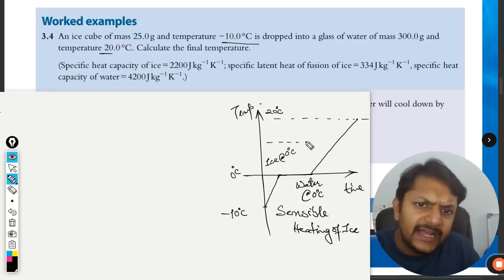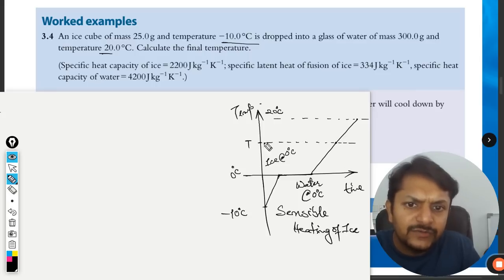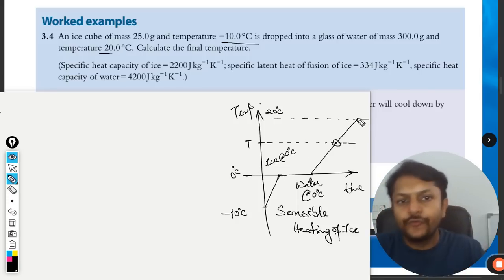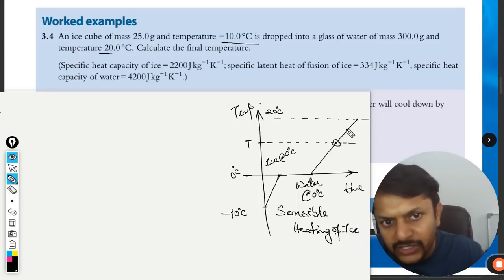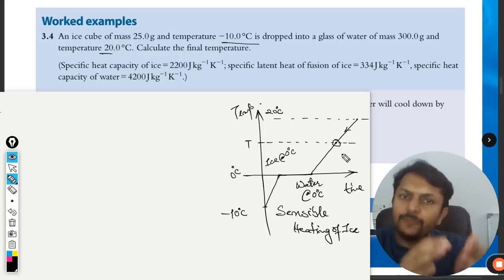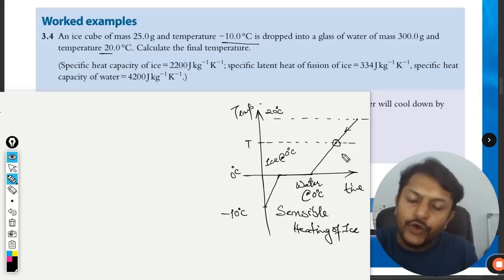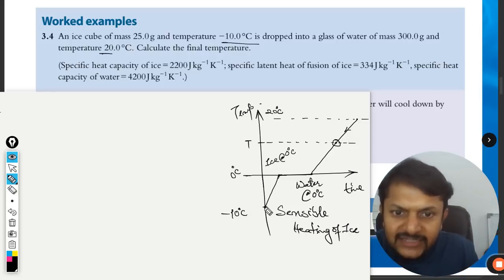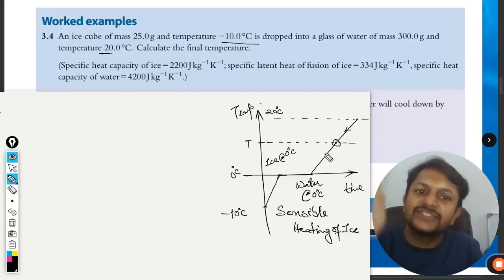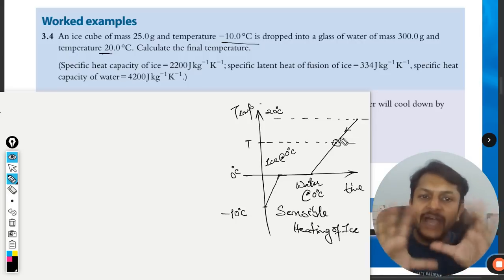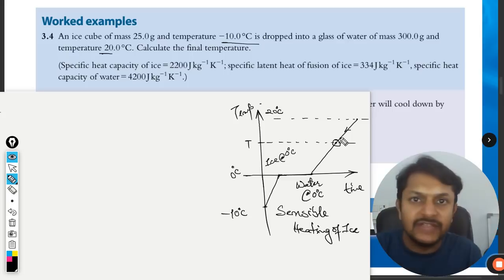And let's say at the end of this, like equilibrium, this is T temperature which was maintained. So at this point, this is the equilibrium point. So from this point, the water is losing its heat and the temperature is falling there, and as far as the ice is concerned, it is increasing its temperature to temperature T. So this is the map or the diagram or the complete story, whatever is happening here.